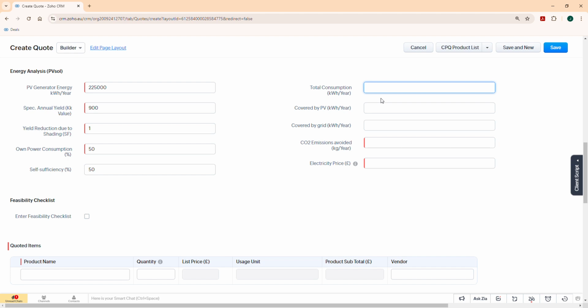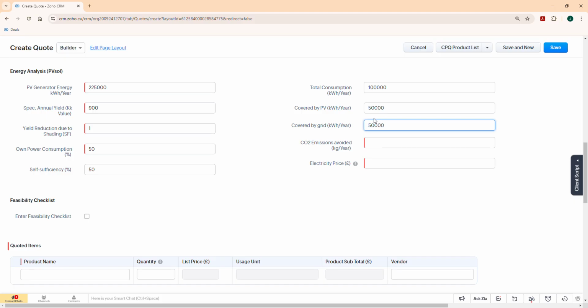You'll probably laugh at me when I write this number in, but I'm going to put in there that there are, let's say, 100,000 kilowatt hours in use per year, and of that, because we think that 50% of it is own power consumption, 50,000 of it is then going to be covered by PV in the year. Then covered by grid is going to be 50,000 as well.